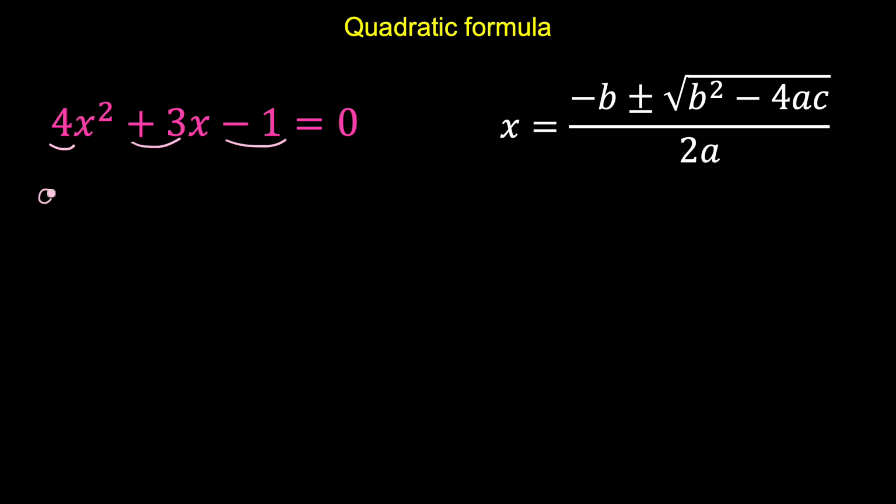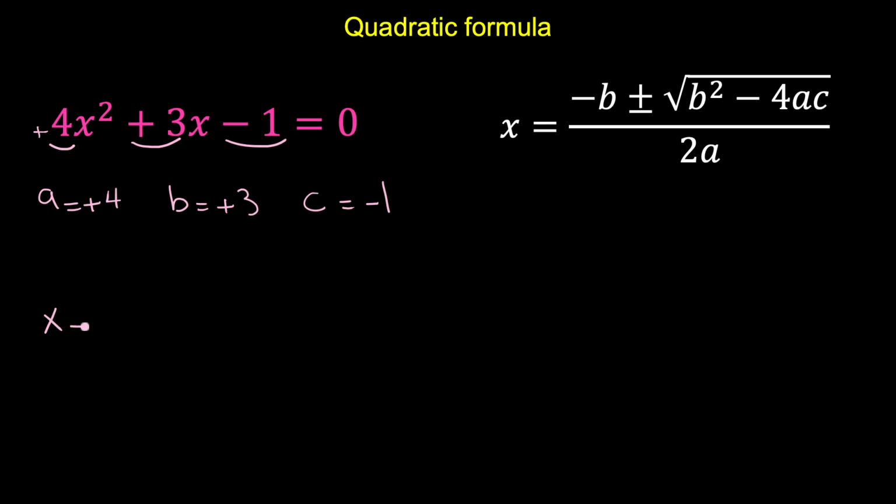So a is positive 4, b is positive 3, and c is minus 1. And now we have a, b, and c, so we plug them into the formula.